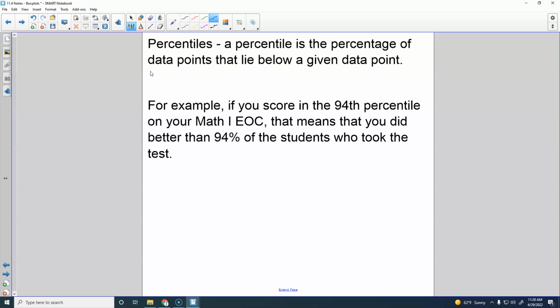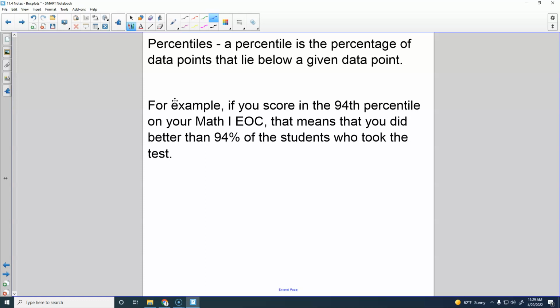A percentile is not the grade you made on the test. A percentile is the percentage of data points that lie below a given data point. So, if you get your EOC back for Math 1, and it says you were in the 94th percentile, it does not mean you got 94% of the questions right. In fact, it's probably more like you got 75% of the questions right.